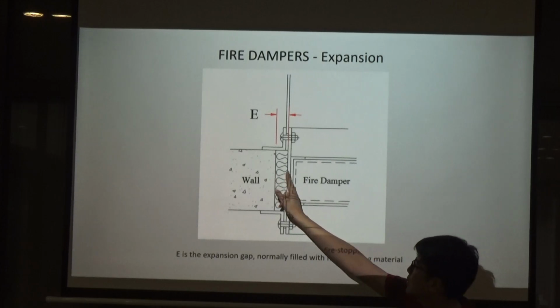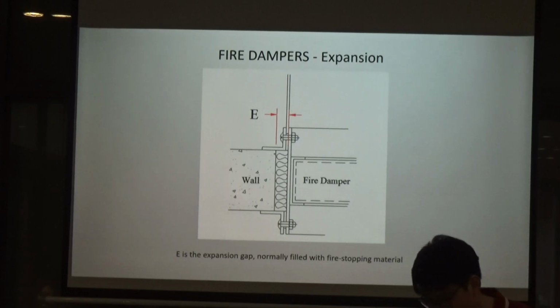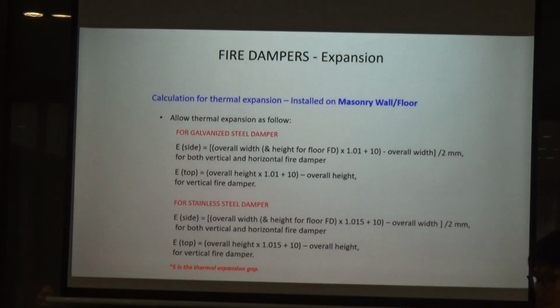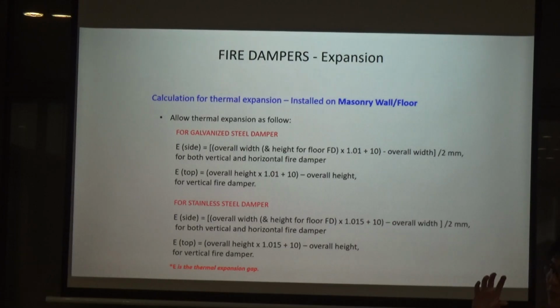Then in between will be filled with fire stopping material. So how do we calculate E? This one is just for info. As long as you all know where to find the info, I think it's alright.